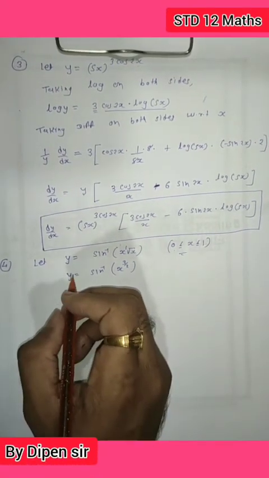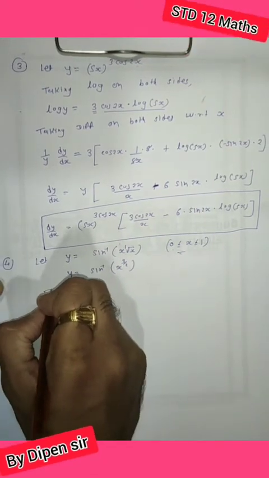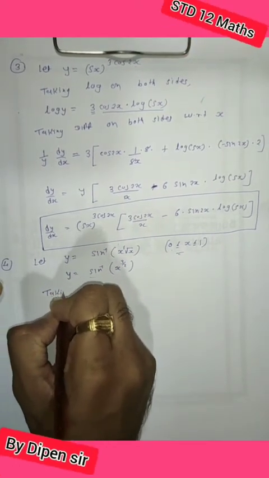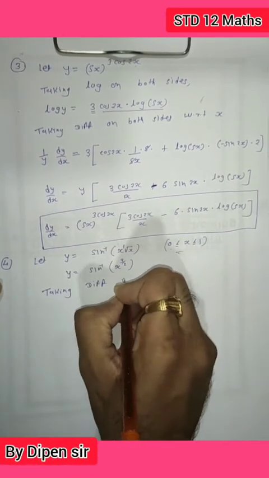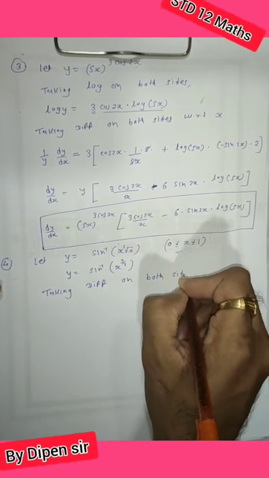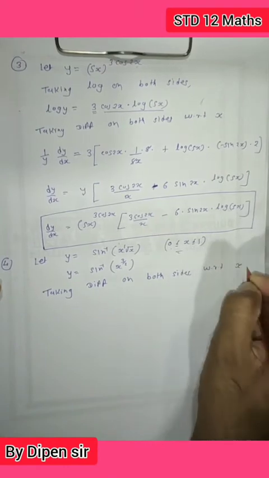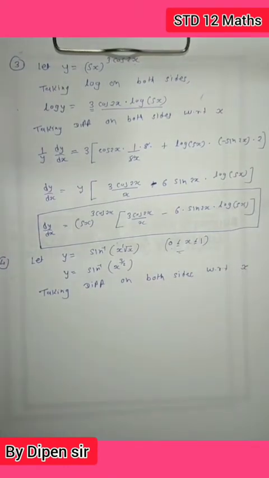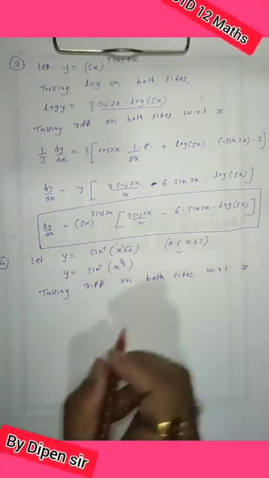Now you have to find the differentiation of y with respect to x, and for that we have to take the differentiation. So taking differentiation on both sides with respect to x. Our question is, for question number 1 to 11, differentiation of function with respect to x.